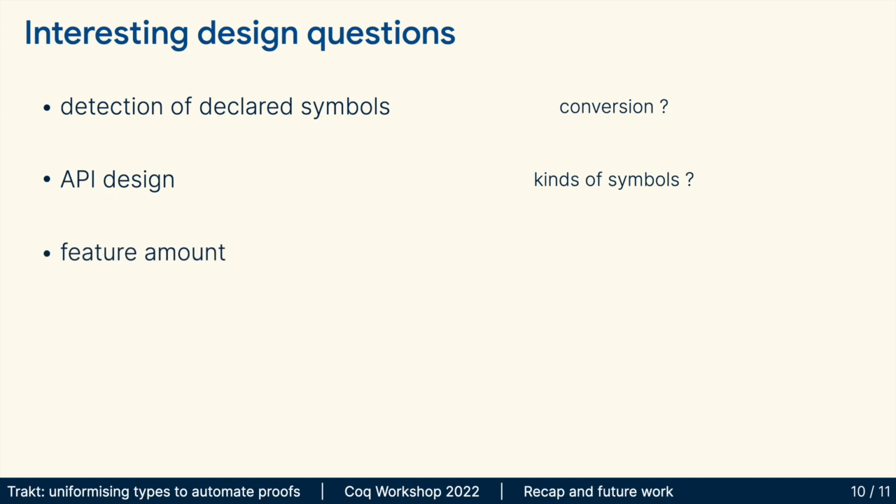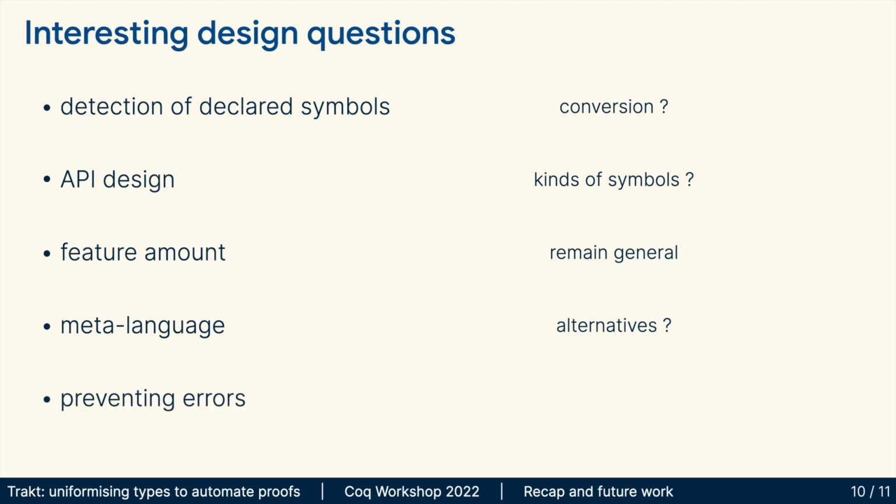For the feature amount, this is a very interesting question as well. We want to remain general, but we also want to add a lot of features for the users to pre-process a lot of goals. So it's not easy to maintain a general tool while adding features. The meta language was CoqLP, but there are interesting alternatives that we haven't tested, and maybe they are relevant for that kind of work.